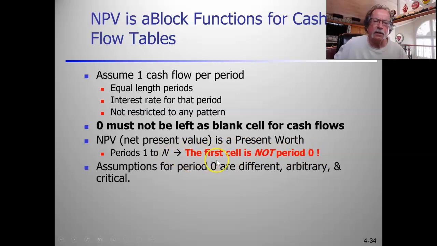I'll go through that in an example, and I'll specify it when I use it in videos later on, but just be super cautious using the NPV function. You don't have to use it. You can do perfectly fine without using it. It is a shortcut, but it is not the PV function.